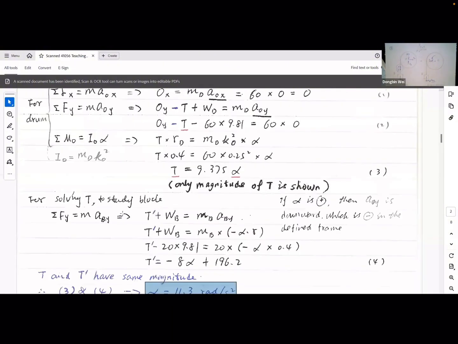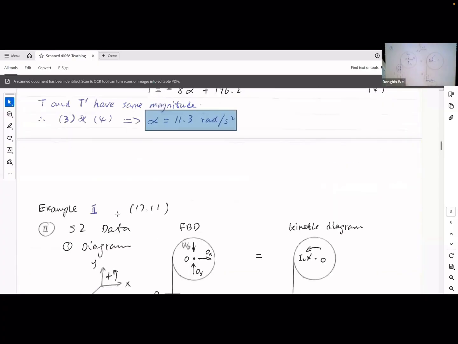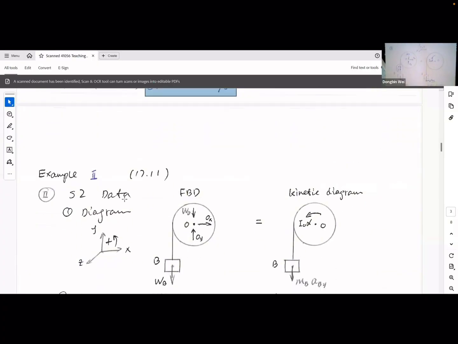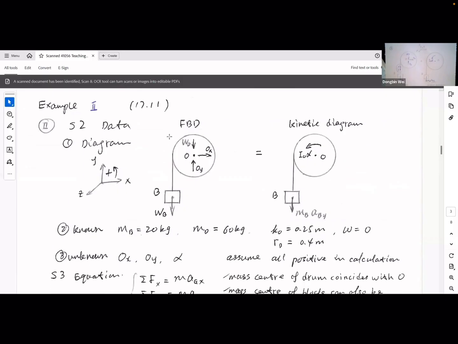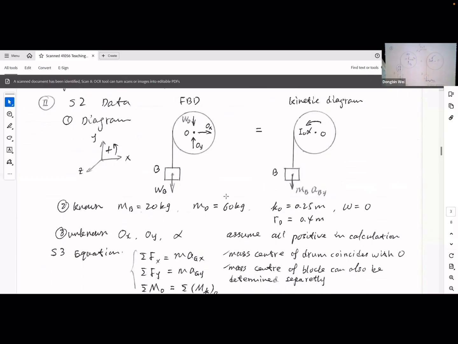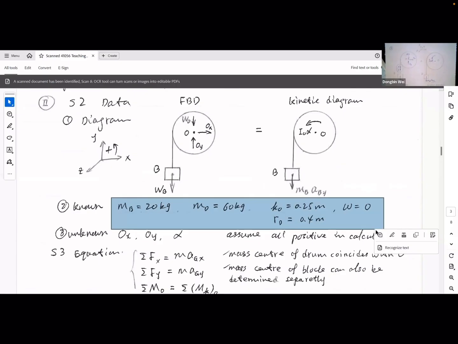Okay, now let's have a look at our second solution for this same problem. And this time, we consider this drum and the block in a system. We have already drawn the diagram, and we can collect all the parameters here.